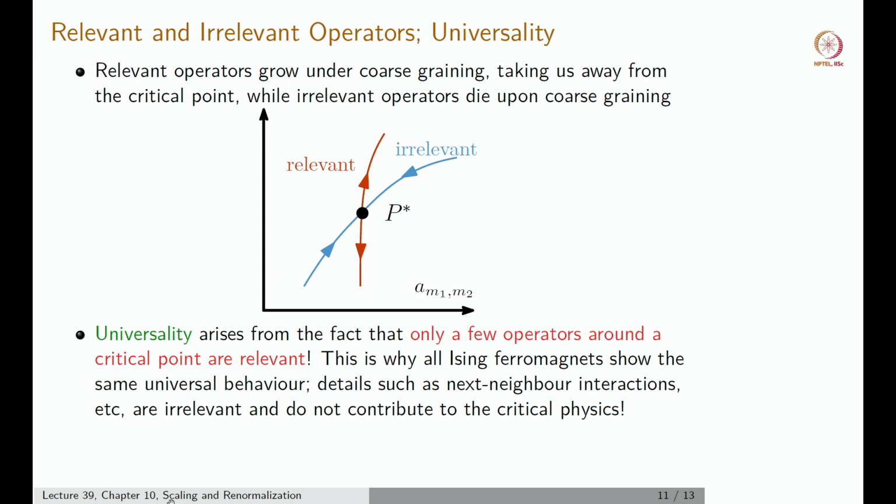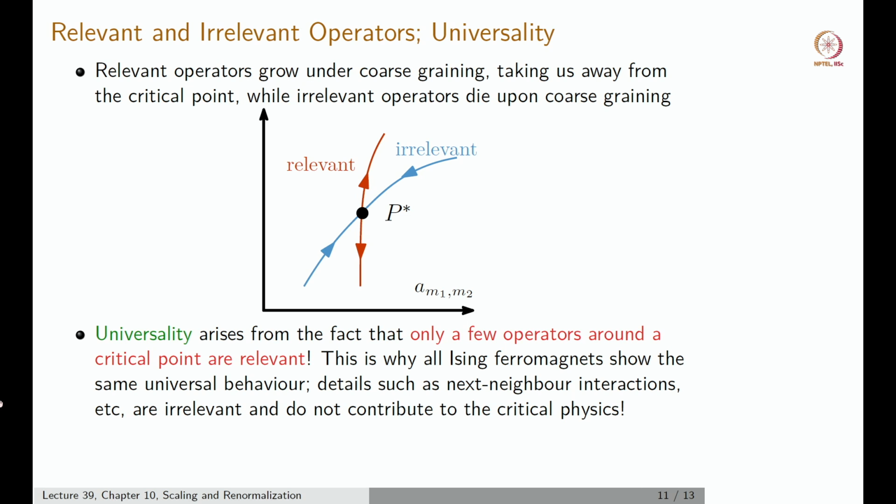So for example, when we discussed the Ising model very early on in the course, we said we could write down next neighbor interactions, we could write down 4 spin interactions, etc. You can convince yourself that all of those extra bells and whistles that you can put in turn out to be irrelevant at the Ising critical point.